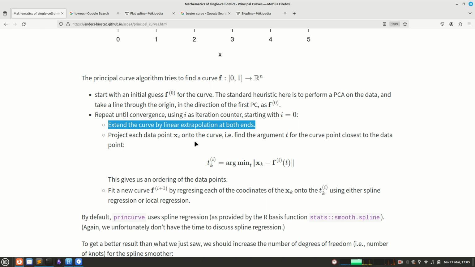And, of course, the curve evaluated at this time will be the projection point. So this is what I do. For each data point x, I find the closest curve point, and I store the parameter value that generates this closest curve point, and I call this the pseudo time of data point k.